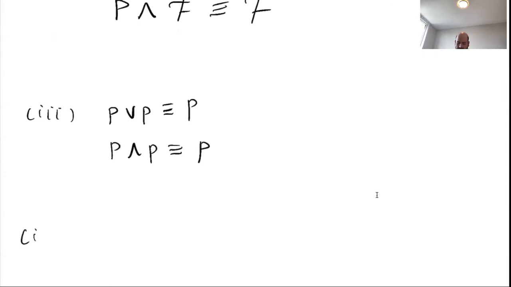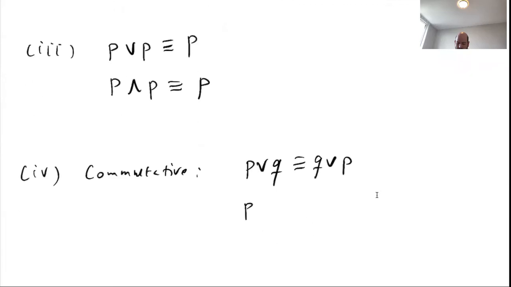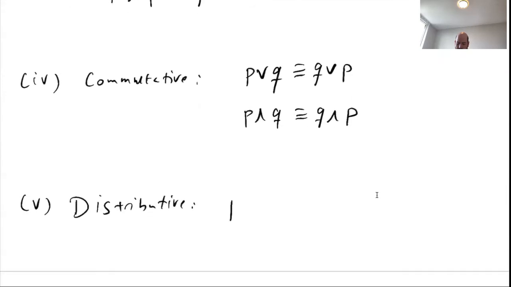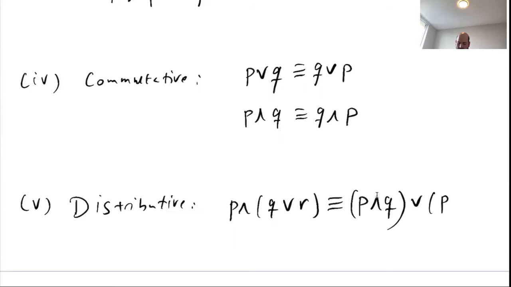Or for example, we have commutative: P disjunction Q is same as Q disjunction P, P conjunction Q is same as Q conjunction P. Or we have also, for example, distributive: P conjunction (Q disjunction R) is logically equivalent with (P conjunction Q) disjunction (P conjunction R).